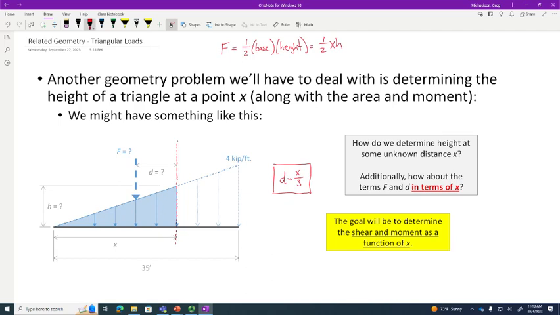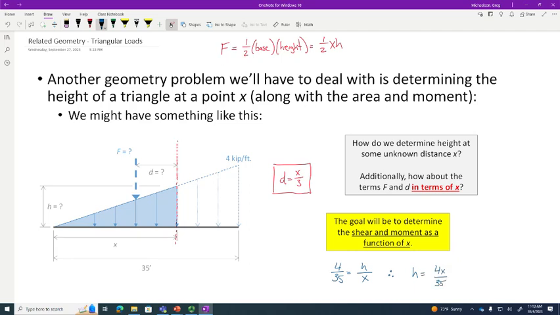So it's just a ratio problem. I have 4 over 35 equals some height over x. So therefore, I can say the height is just 4x over 35.